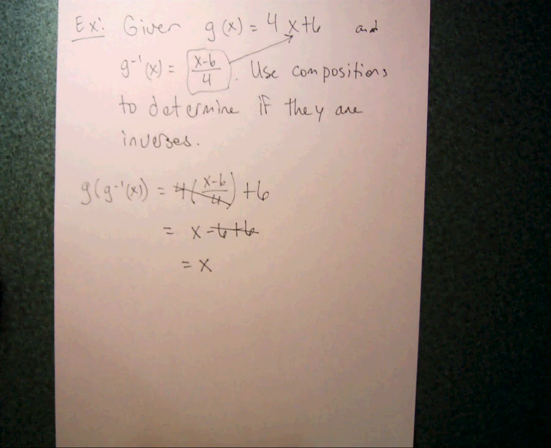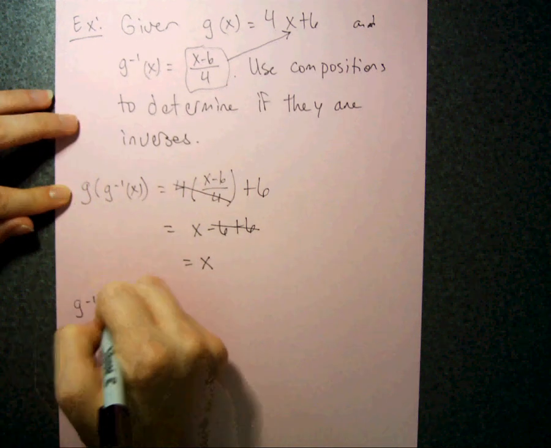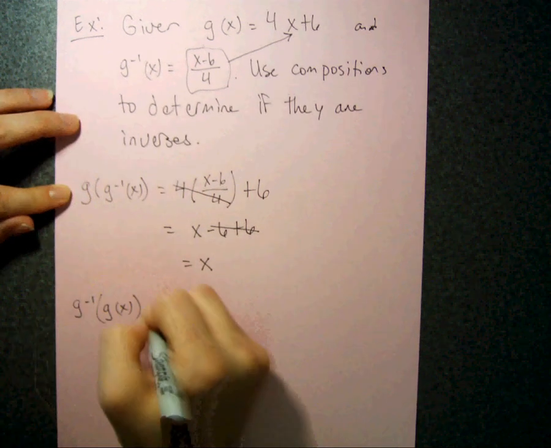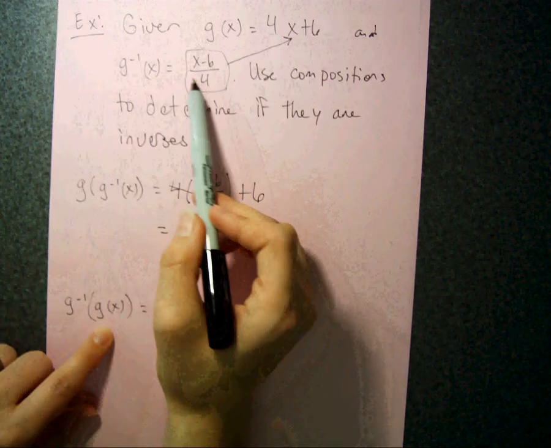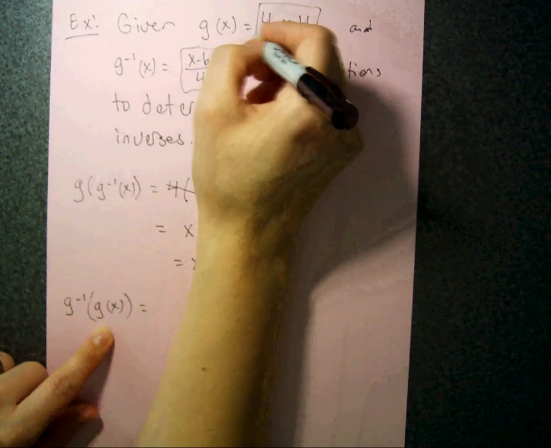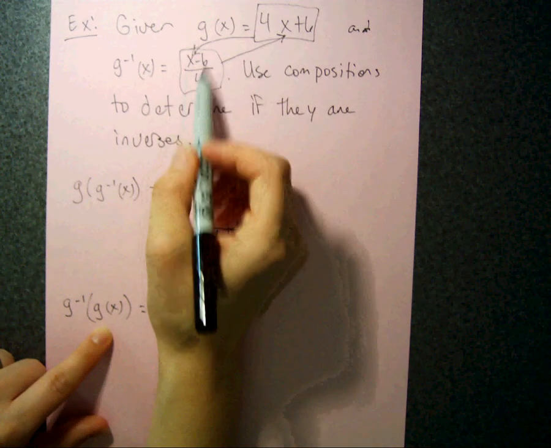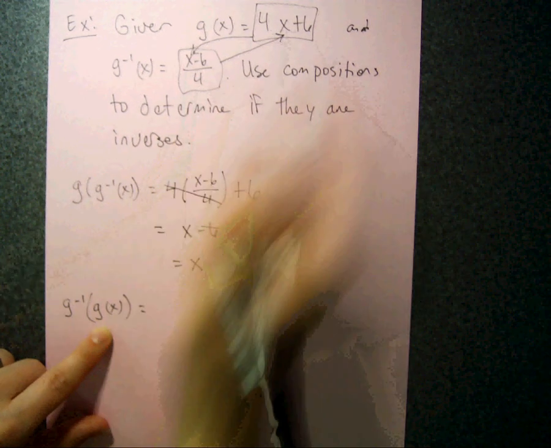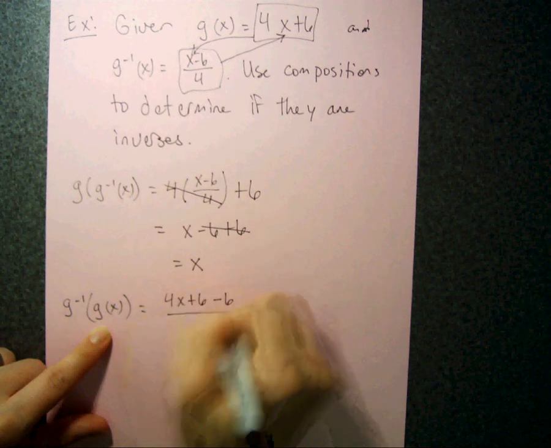Now, I want to make sure that wasn't just a fluke, and I want to do the composition the opposite direction. So I'm going to take g now and plug it into g inverse. All right, so now g is what's on the inside. So I'm going to take g inverse, and I'm going to plug g of x into the x on g inverse. So instead of x minus 6 divided by 4, I'm going to have 4x plus 6 minus 6 over 4.